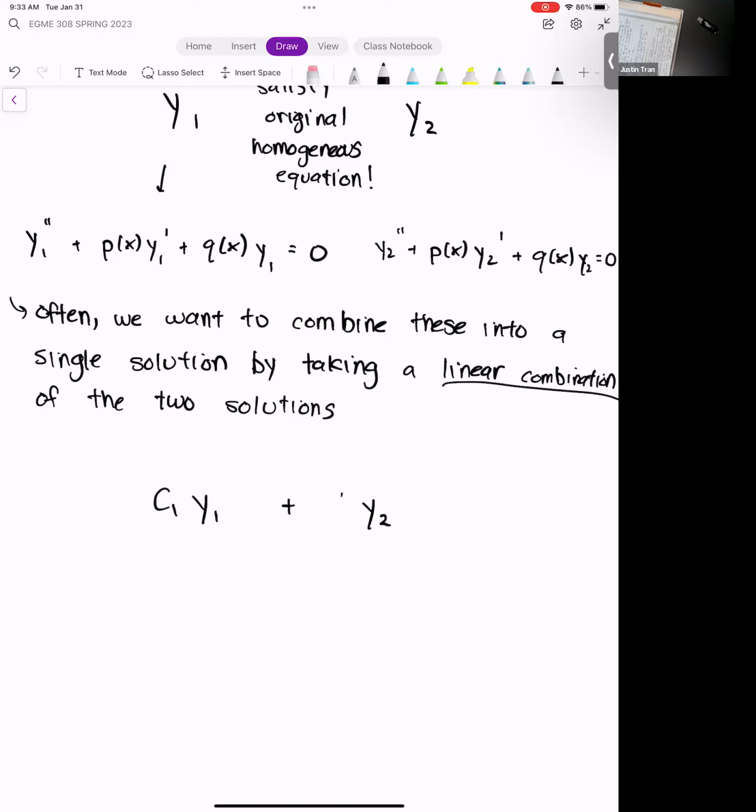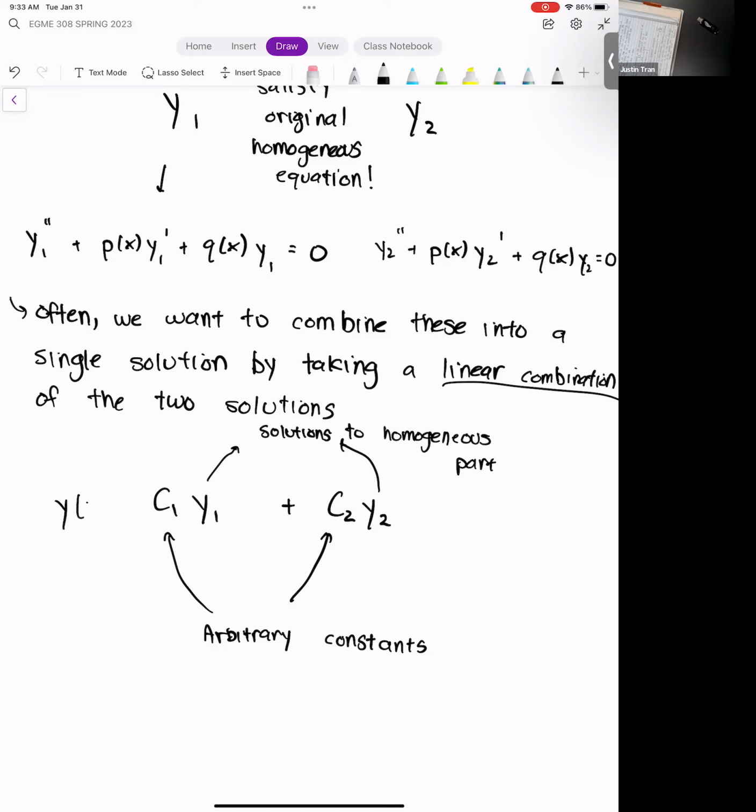C1 and C2 are arbitrary constants, and y1 and y2 are our two solutions.